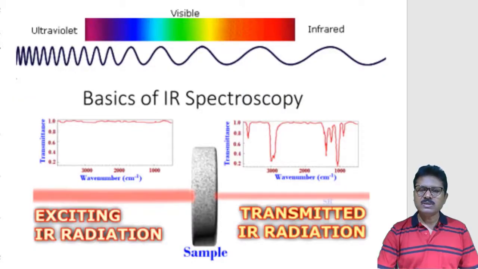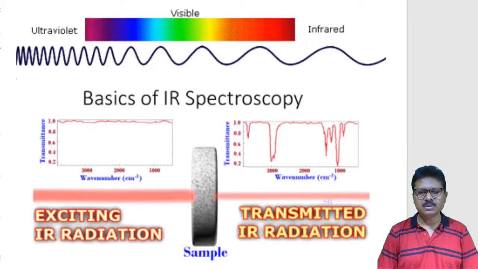And if the frequency of this vibration is equal to the frequency of the excited IR radiation, and if there is a change of dipole moment of the bonding due to the vibration, then the excited IR radiation is absorbed fully or partially by the sample molecules.